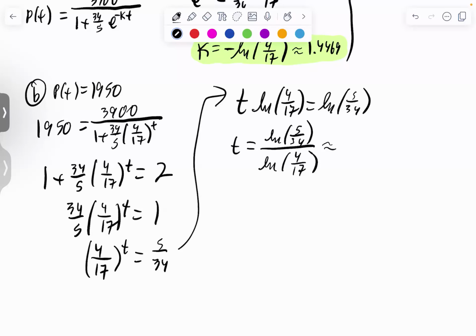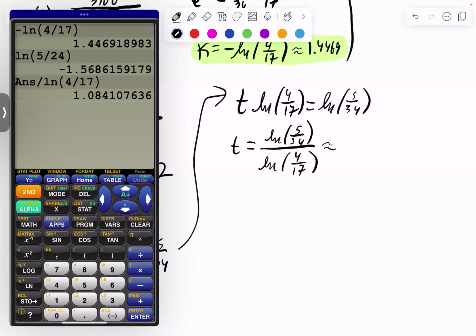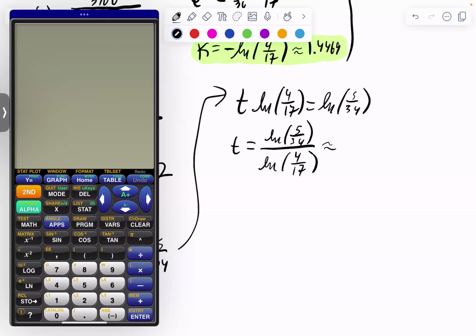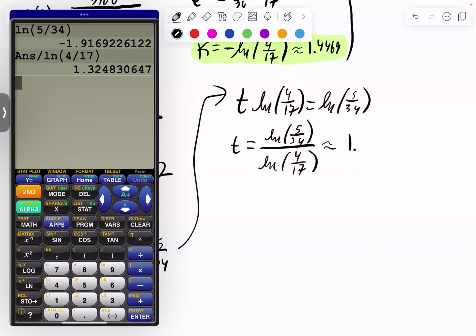Sorry about that. Let's fix that now. So we have ln 5 divided by 34 divided by ln 4 divided by 17. There we go, and that matches my notes, 1.3248. And that is in years.